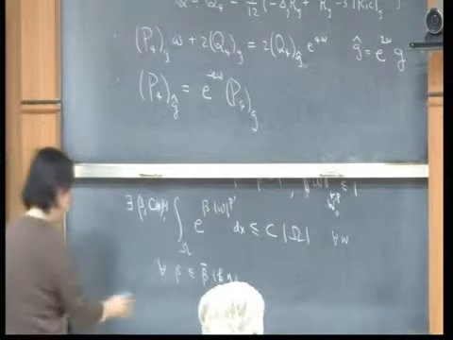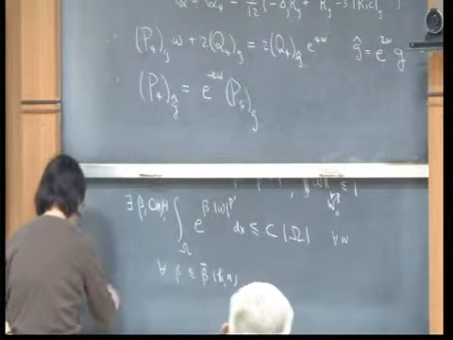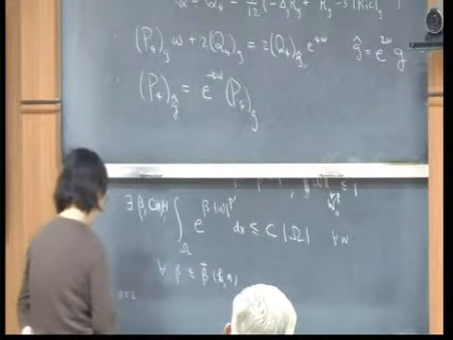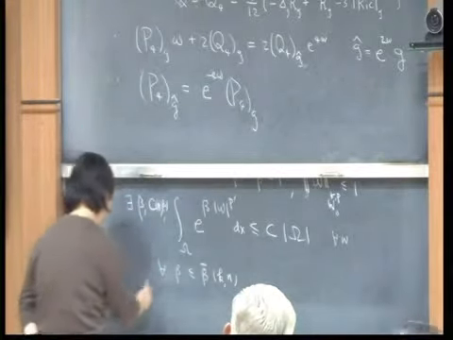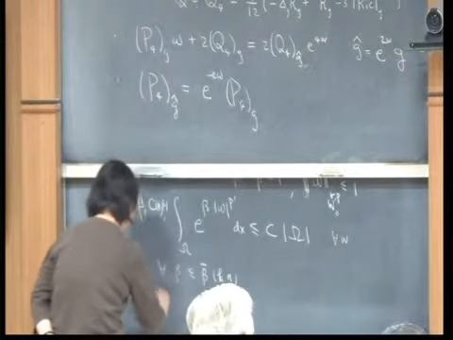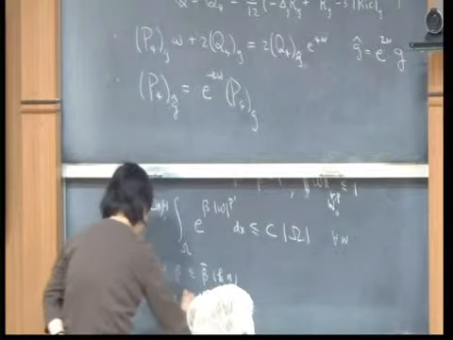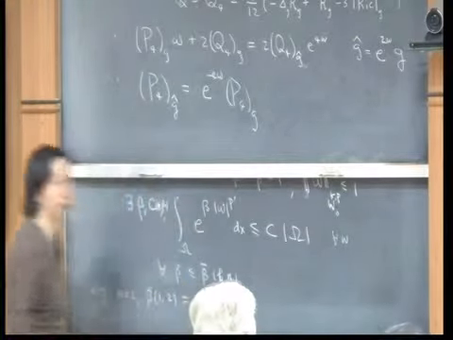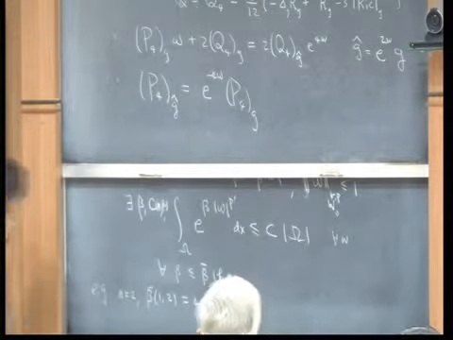So for example, in the case when n equals 2, we get back to the Moser-Trudinger inequality, and this beta bar of (1,2) is equal to 4 pi. That's the Moser-Trudinger sharp inequality.